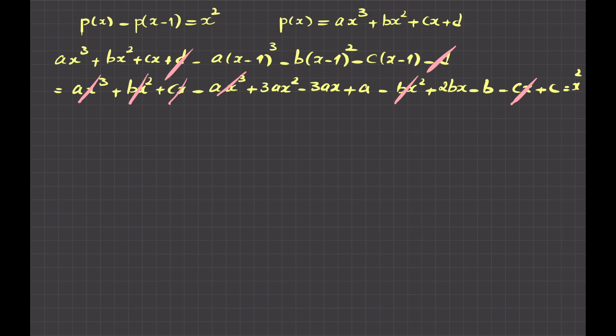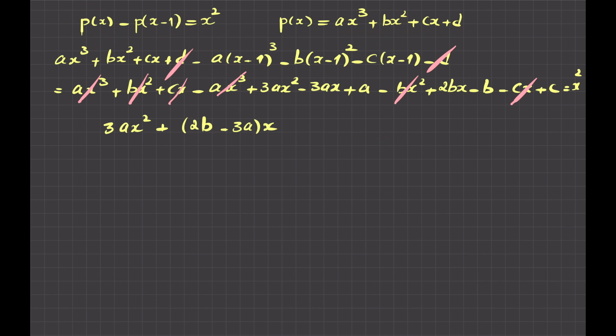But if I want to organize it, I have only 3ax squared on the left, and then here I have minus 3ax and 2bx. So I factor an x out. From 2bx, 2b is left. From the other one, minus 3a is left, times x.